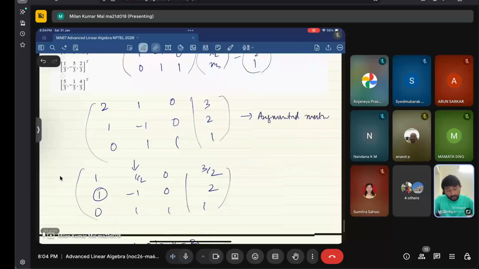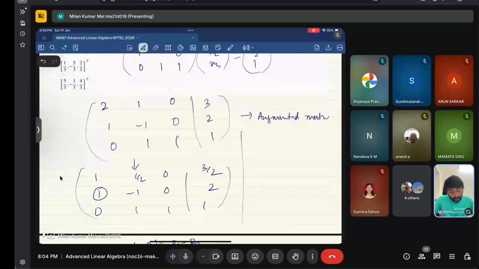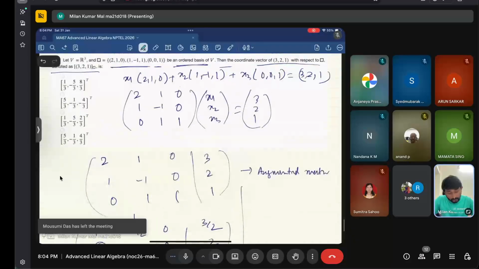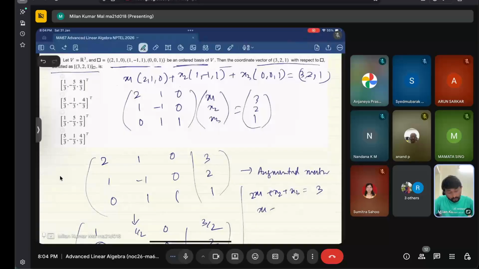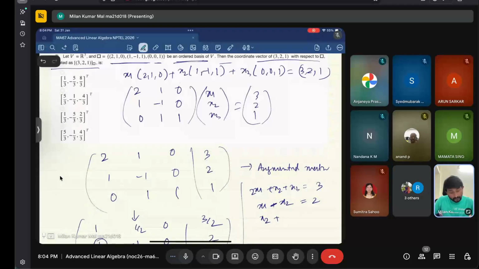Let me go another way, that is 2x1 plus x2 plus x3 is equal to 3, and x1 minus x2 is equal to 2. Another is that x2 plus x3 is equal to 1.